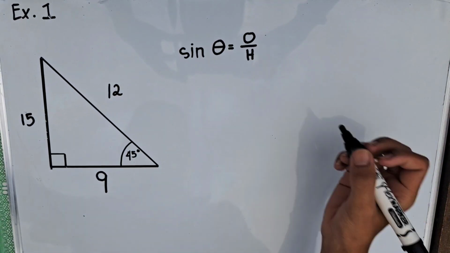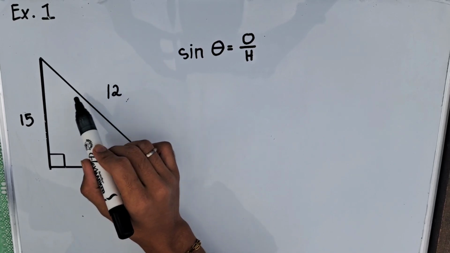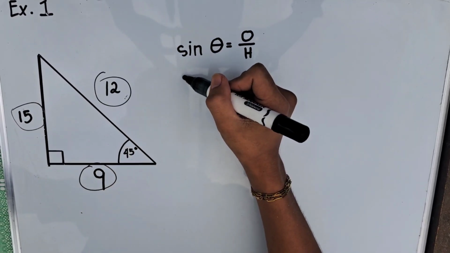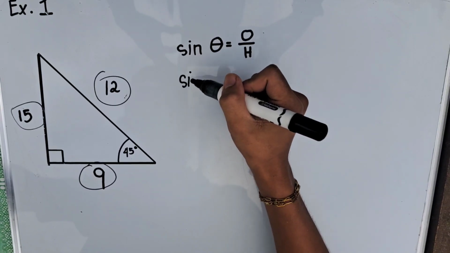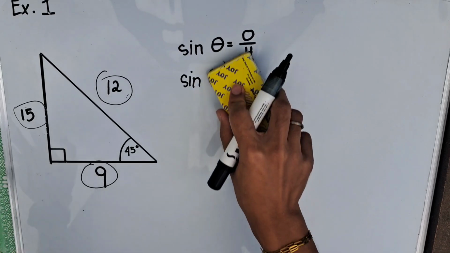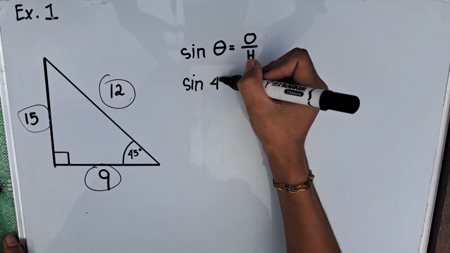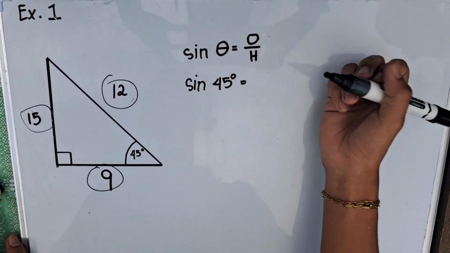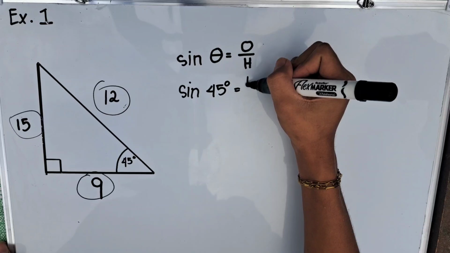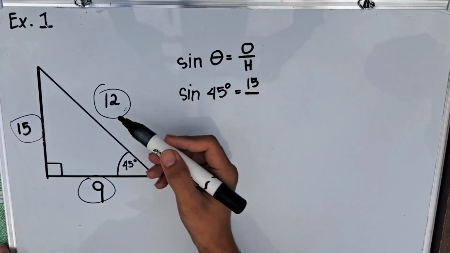The next step is to put the given values here. So sine of theta, the given angle, which is 45 degrees, is equal to the opposite, which is the 15, over the hypotenuse, which is the 12.